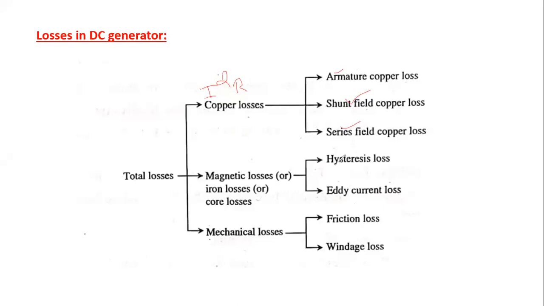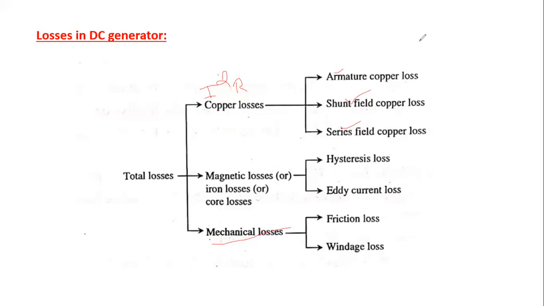Next, coming to the mechanical losses, these are classified into two types: frictional losses and windage losses. These are the various classifications of losses in DC generators.